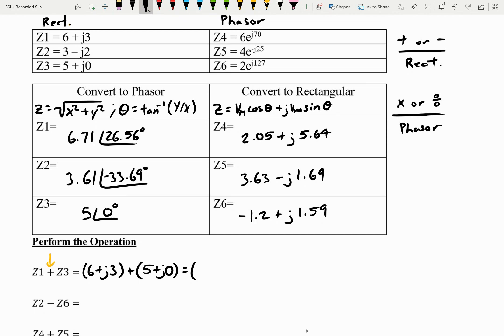So when we're adding rectangular, we'll take the real parts. So 6 plus 5. And the imaginary parts, 3 plus 0. And this will give us 11 plus j3.